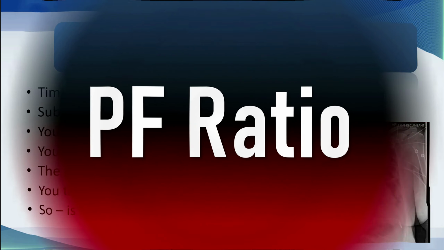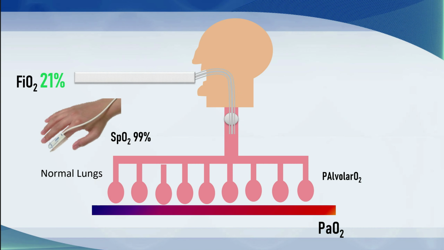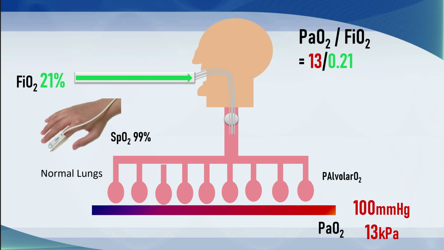So now let's look at the PF ratio. This is a normal patient breathing 21% oxygen, and that's 0.21 goes into the patient, and their arterial oxygen tension is 100 millimeters of mercury, or 13 kilopascals. So what you do is you divide 13 by 0.21, and that gives you a number of 62 in kilopascals.